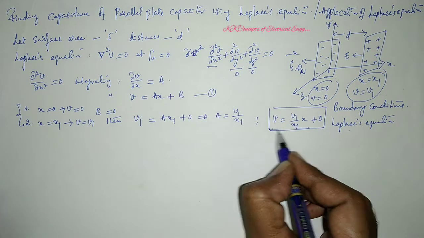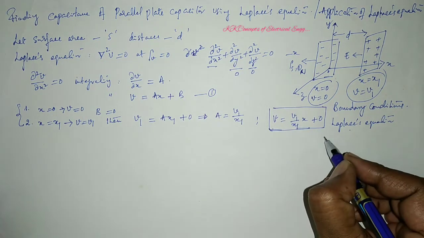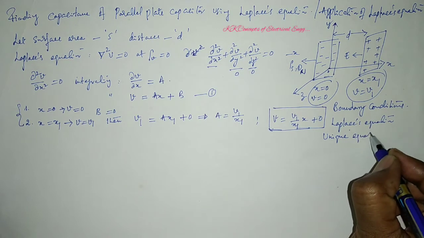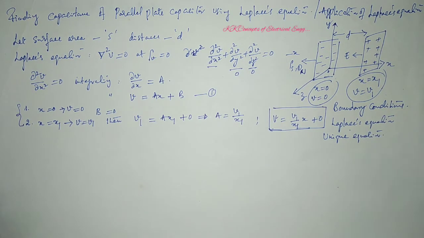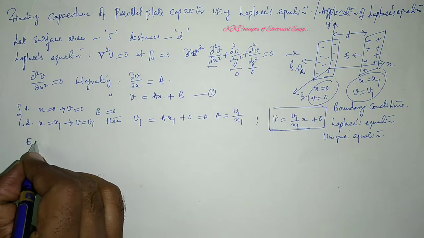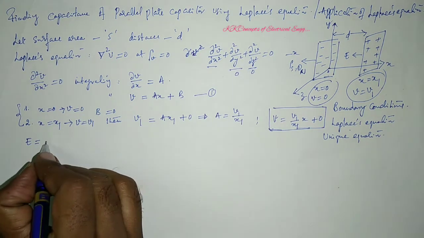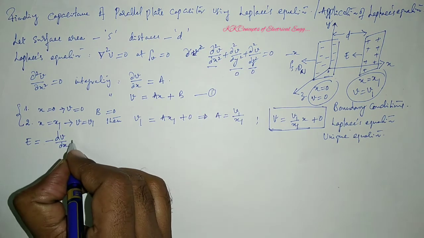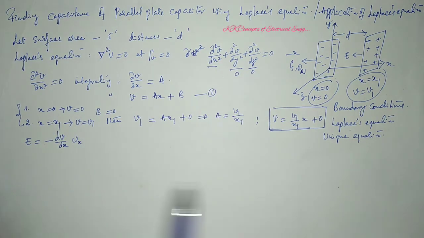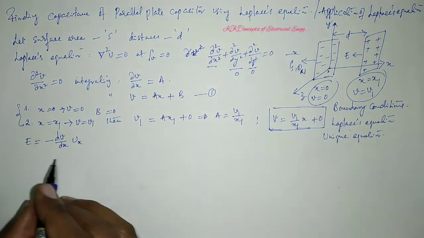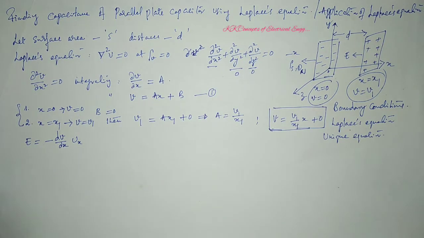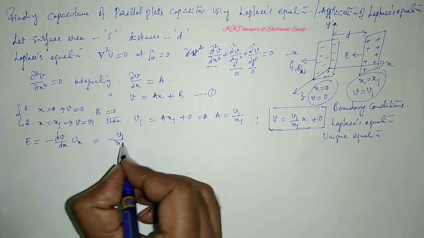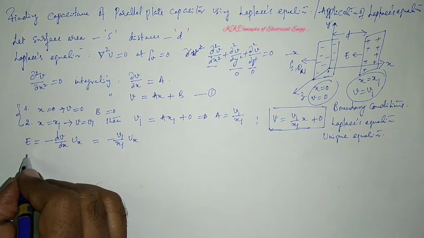So this is also known as unique equation. We have E equals to minus dV by dx along ax. Since it is in negative direction, that is minus, we get minus V1 by x1 ax.